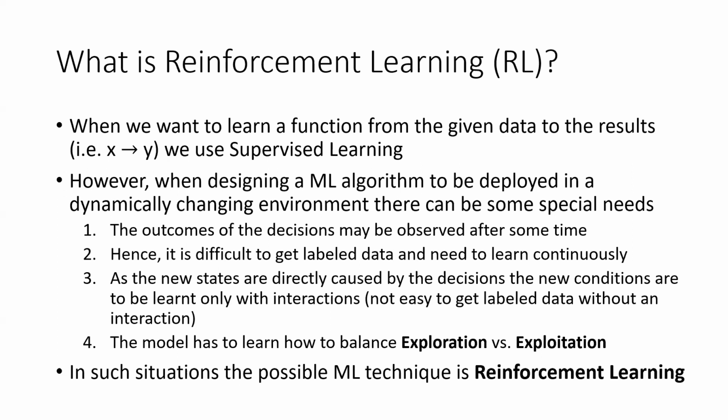All those things are affected depending on our decision, right? So you have to take your decision based on the total future return, the full future reward. So this is one reason we are using reinforcement learning.